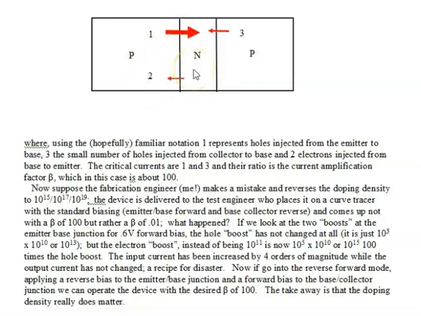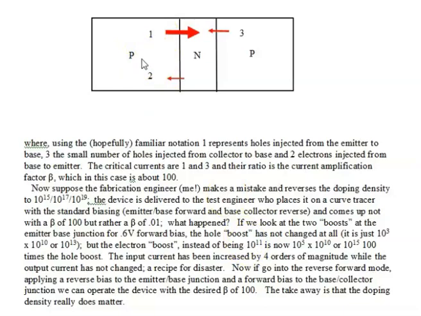These are electrons which are boosted from the base into the emitter. Now, because the emitter is now lightly doped, that boost is not 10 to the 11th, which it was before. 10 to the 11th is when we had a degenerately doped emitter, 10 to the 10th times 10.